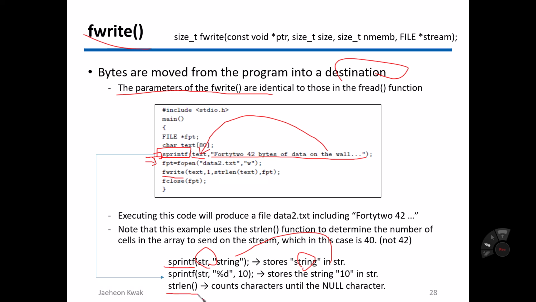And this strlen will count the length of the characters. So the value of strlen of text is 40 because we have 40 characters in this string. Yeah, it's not difficult, right?